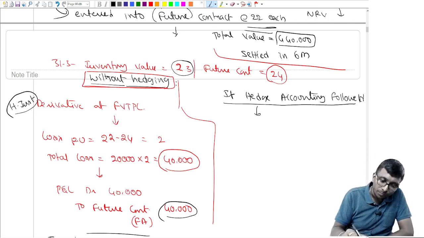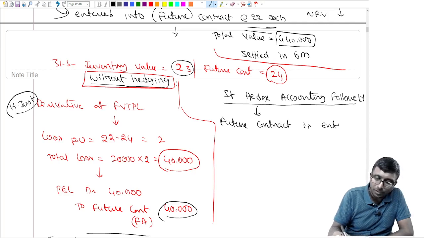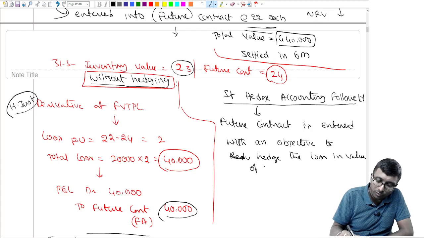So the future contract is entered with an objective, with an objective to hedge the loss or decrease in value of inventory. That is your objective.